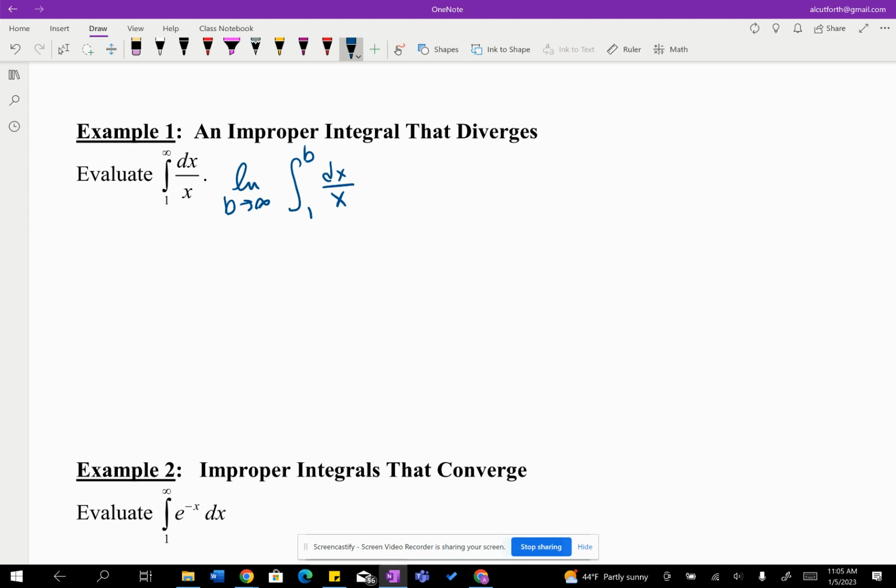Now we're going to treat this problem like we usually would. Find the antiderivative of dx over x. That's ln of x. So we're going to write the limit out in front. The antiderivative of dx over x is ln of x. And then we're going to evaluate that from 1 to b, just like we would for any definite integral, right? If you had number limits, that b is just like a placeholder for a number.